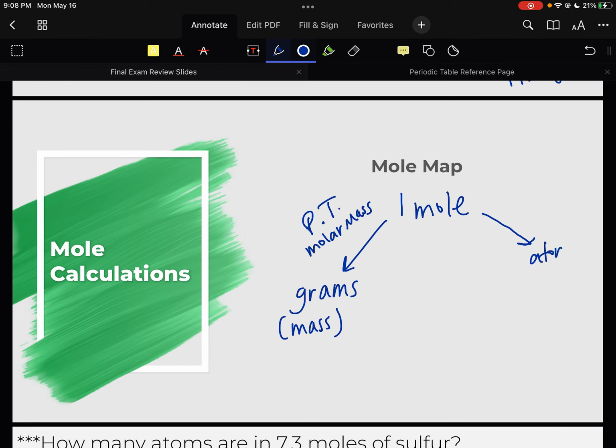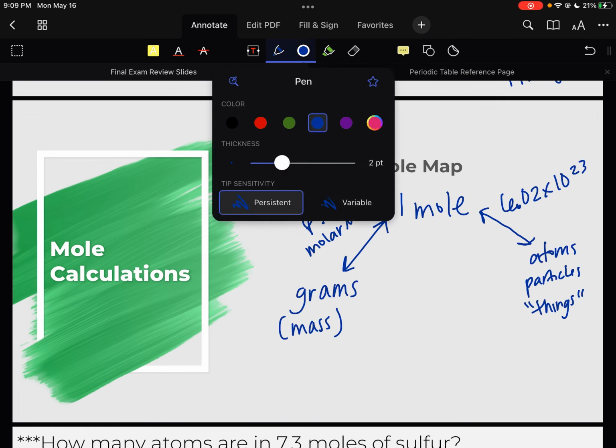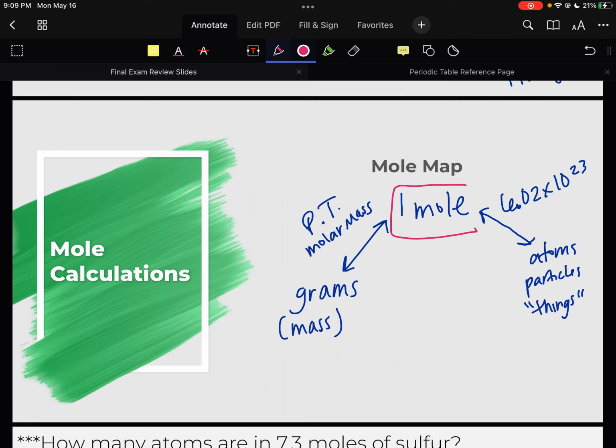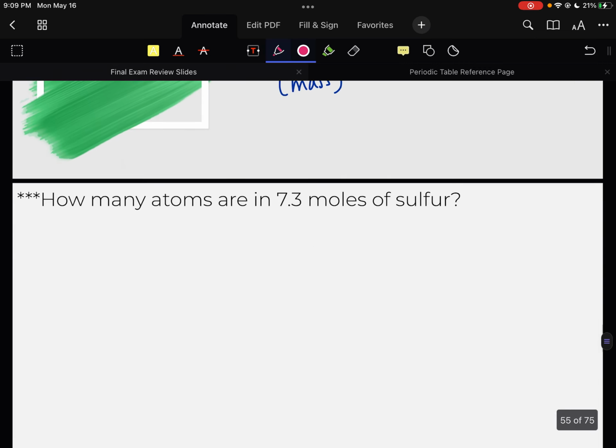If I'm given something like atoms or particles, any of those things we talk about, then we're going to use 6.02 times 10 to the 23rd. That's Avogadro's number. So remember, we can go back and forth however we want to.